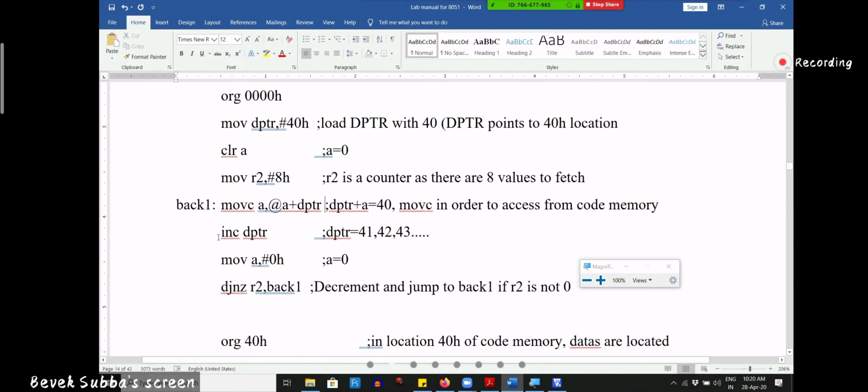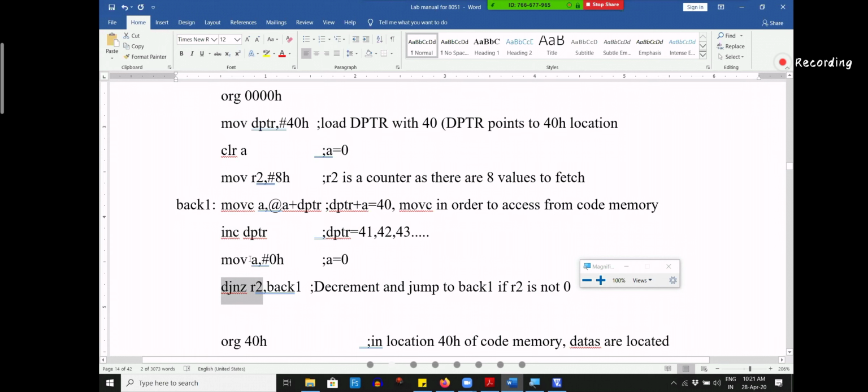So I'll increment dptr now, because dptr is 40, but your values go up to 47. So you need to increment dptr. I'll increment dptr, and that time it will be 41. Again, I'll make the value of A equal to 0. Then djnz R2.